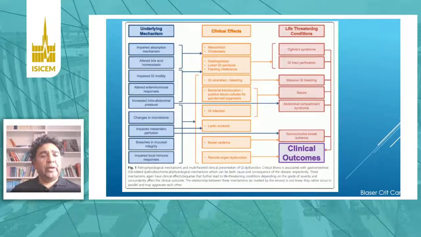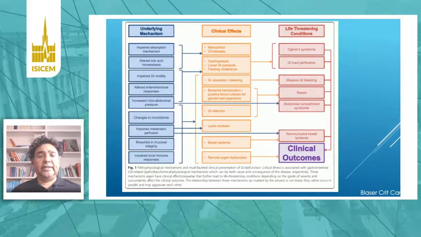Among them, altered bile acid homeostasis, impaired GI motility, alteration in the hormone responses, increases in intra-abdominal pressure, modifications in the microbiome, impairment in tissue perfusion, loss of the integrity of the mucosa, and of course, alteration in the immune response.